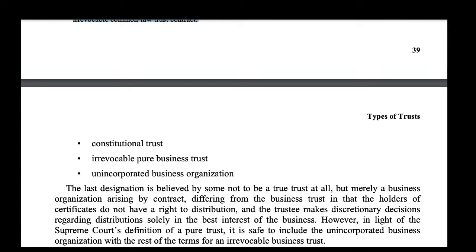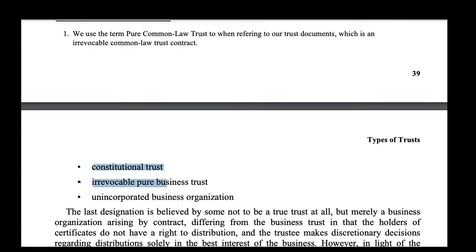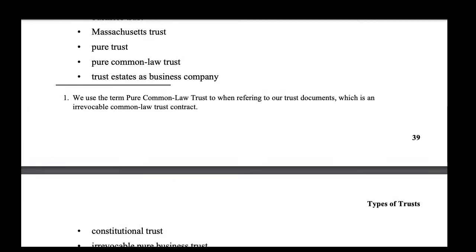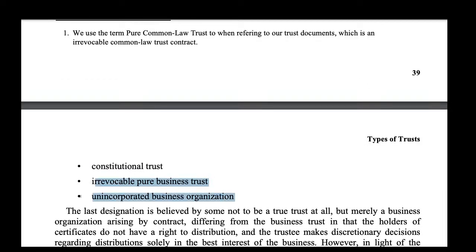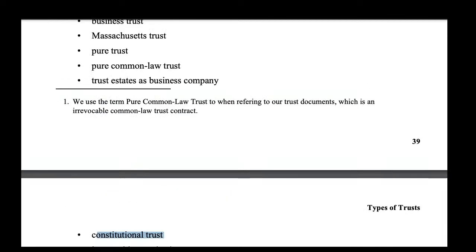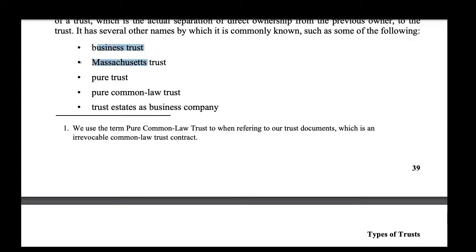Oh, here we go. Constitutional trust, irrevocable pure business trust, and unincorporated business organization. Trust estates as business company. So these are your business trust, constitutional trust. All these fall under pure common law trust.